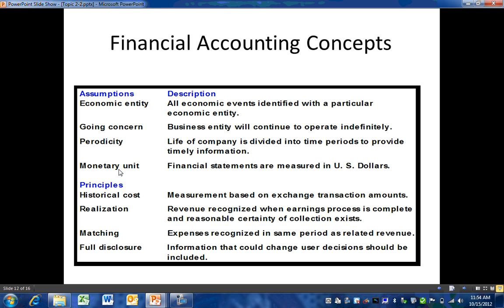Our monetary unit, despite the fact that most U.S. corporations operate in many different markets with different currencies, all the amounts reported on the financial statements are in U.S. dollars. We'll be applying the historical cost principle, the realization, matching, and full disclosure. And we'll talk about this throughout our financial accounting courses.